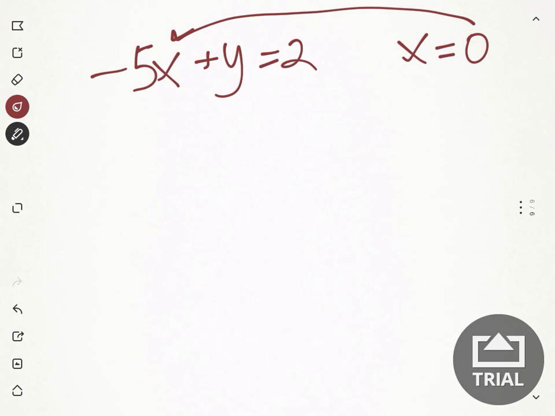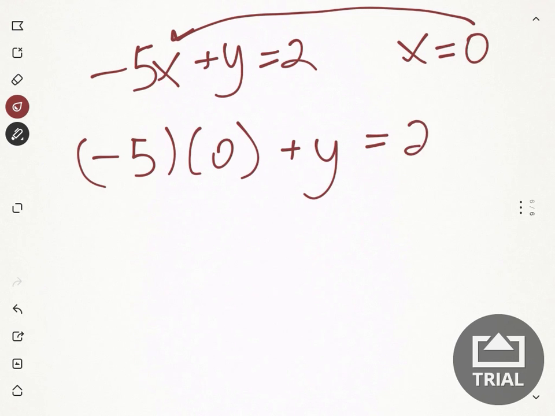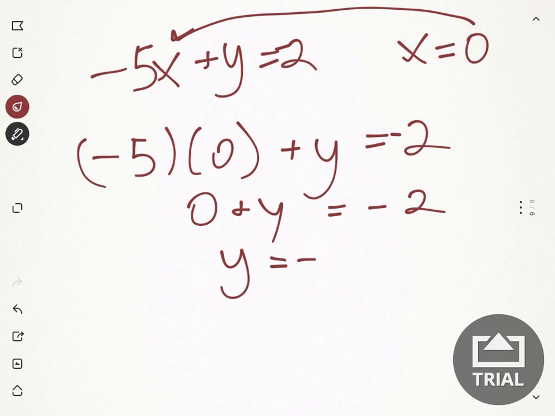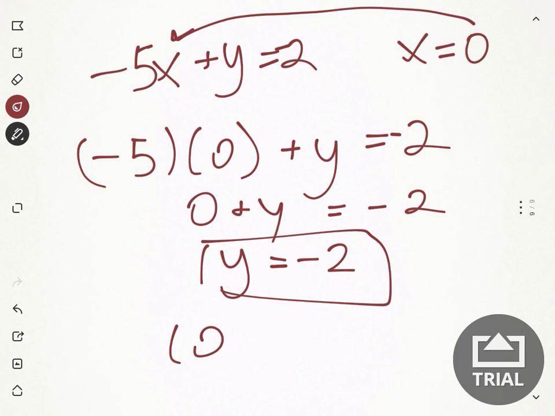So another good case of plug and chug. 0 plus y equals, oh, I'm sorry, that was -2. And then y equals -2. So our solution for this systems of equations problem is (0, -2).